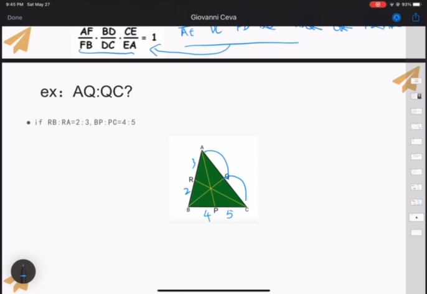We know Ceva's theorem, so we can use it here: AR divided by RB times BP divided by PC times CQ divided by QA equals 1. So 1 equals 3 divided by 2 times 4 divided by 5 times CQ divided by QA.